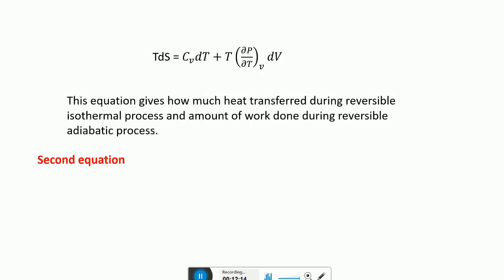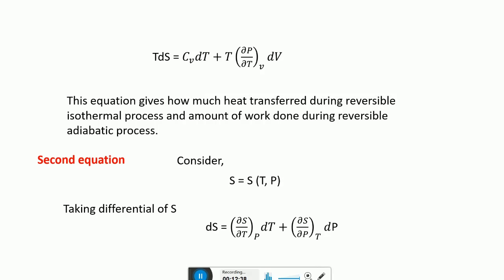Then the second TdS equation. For that, again we have to consider that suppose entropy S is a function of temperature T and pressure P, mathematically we can write S is a function of T and P. Hence the differential dS is equal to curly S by curly T, keeping P constant, into dT plus curly S by curly P, keeping T constant, into dP.